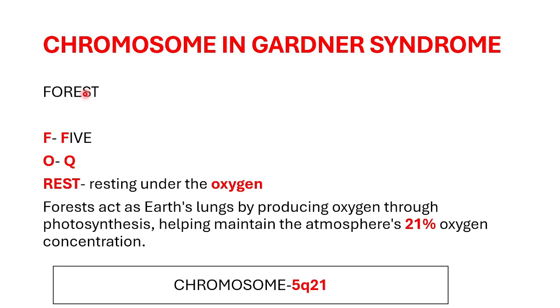Just to summarize, in the forest, the F stands for 5, the O looks quite similar to Q, so 5q, and for rest, it's resting in a forest full of oxygen, and we know that oxygen concentrates around 21%, and just as a fun fact, nitrogen has the highest concentration, which is 78%. So from rest we know the number 21. So to sum up, the chromosome number is 5q21.